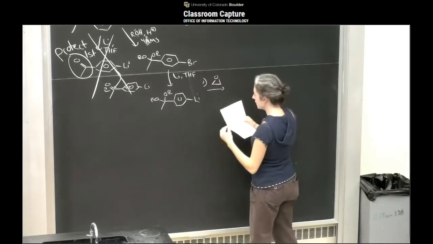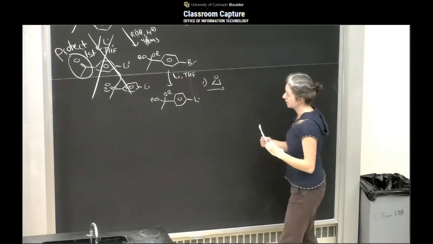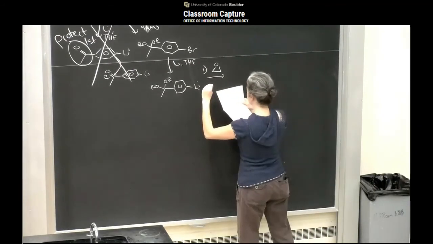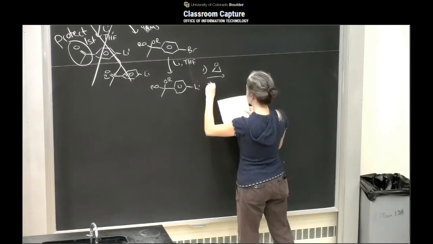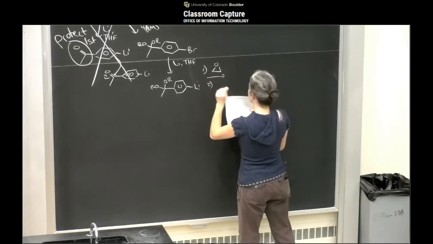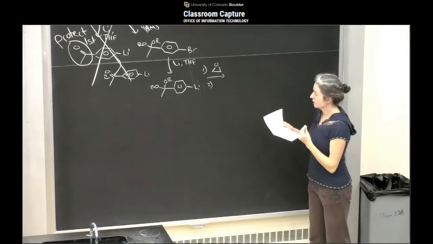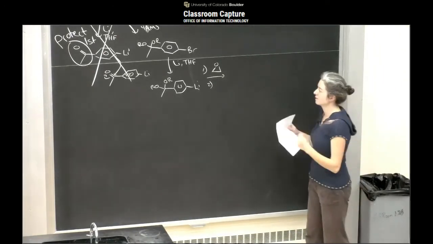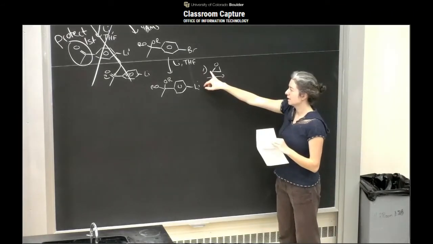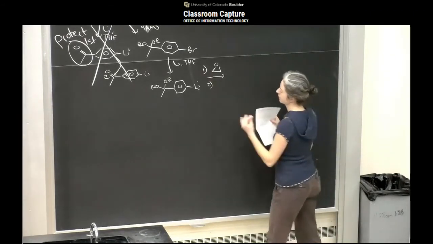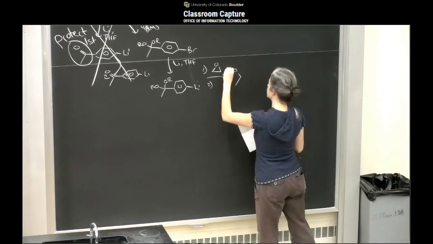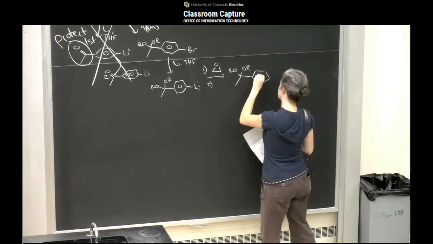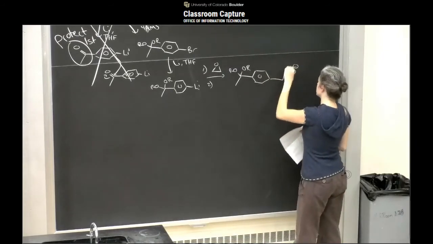Oh, I guess in the notes I use the Grignard instead of the lithium. They're fine either way. Okay, so now we do the epoxide and then, this is one kind of small detail and there's some choice in how you write this. Normally if we did the attack on the epoxide first, that would get us to this initially.